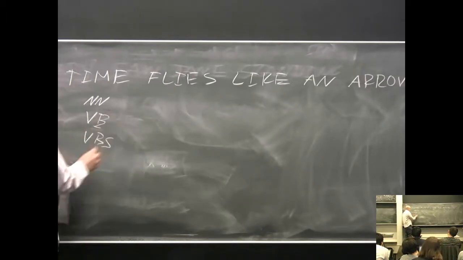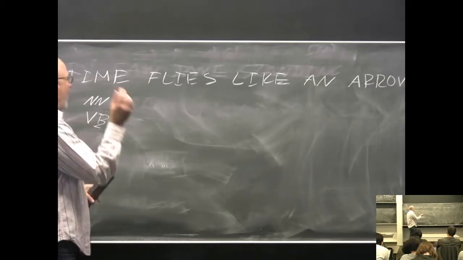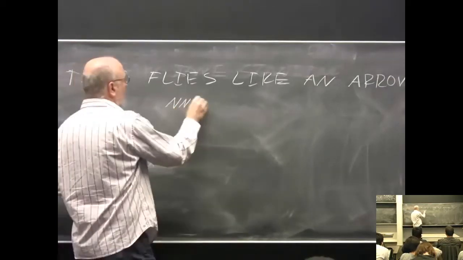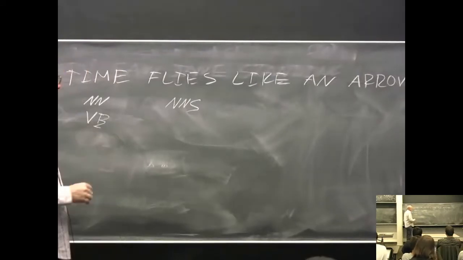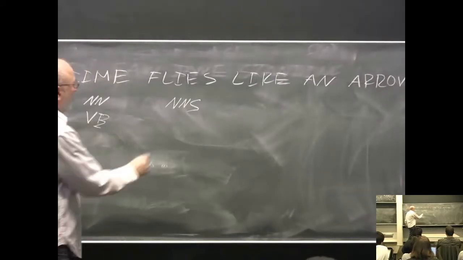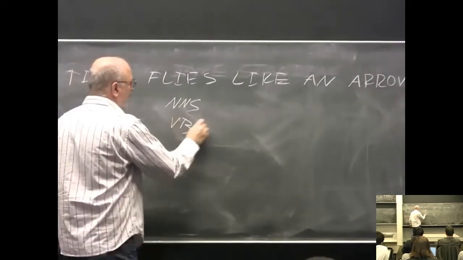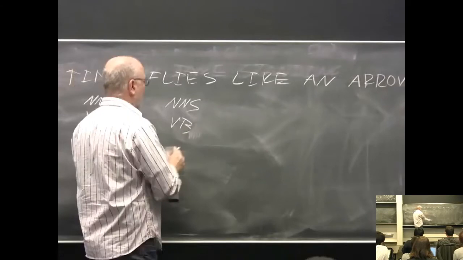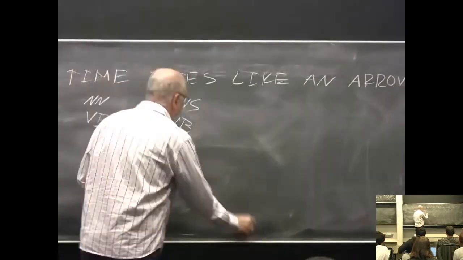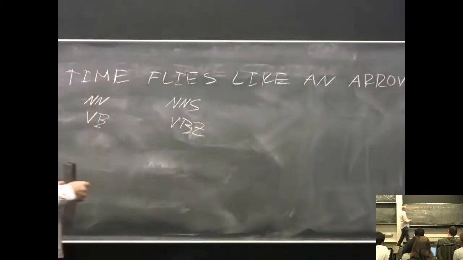The point is there are multiple parts of speech. Flies, there's a plural noun, like the things you're trying to kill. And of course, it's a verb. I think it's VBZ. Okay, I'm sorry. Talking to language technologists is dangerous. Any other part of speech that comes to mind?